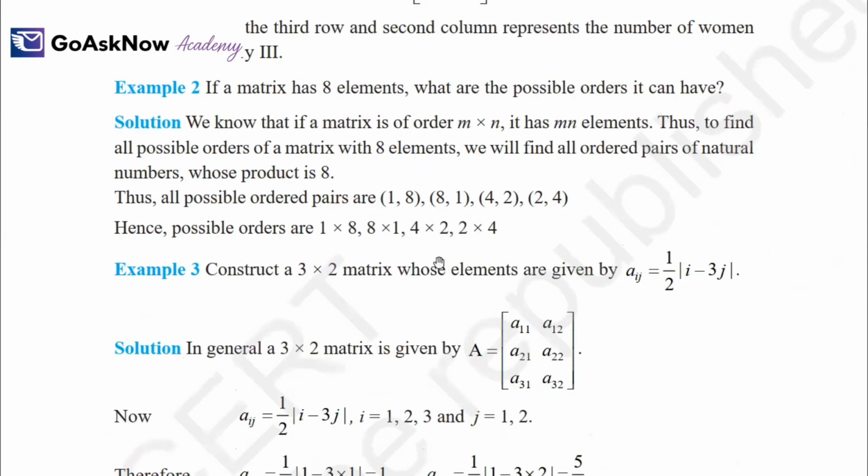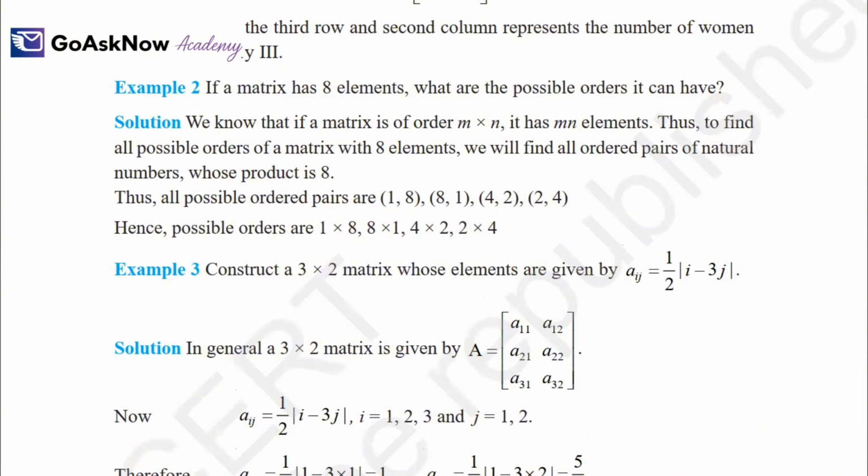Consider a 3 cross 2 matrix whose elements are given by aij equals 1 by 2 mod of i minus 3j. So I have to form a matrix whose elements are in the general form of half into mod of i minus 3j.